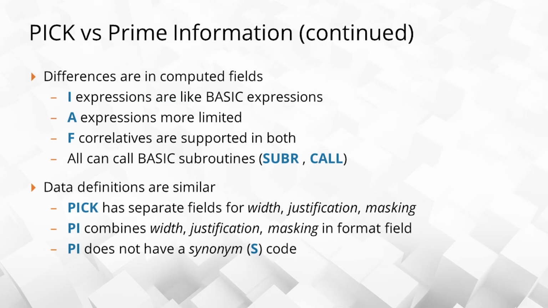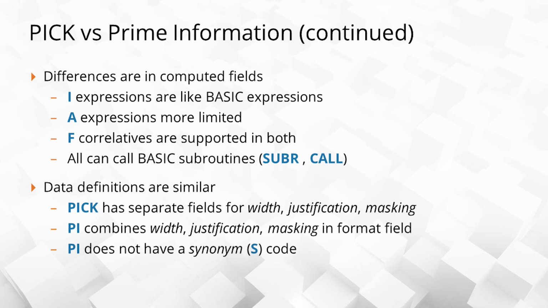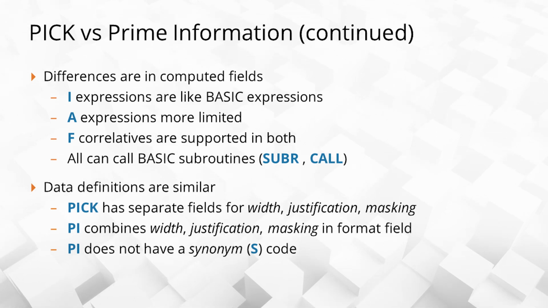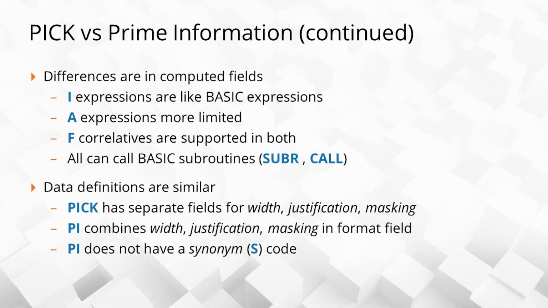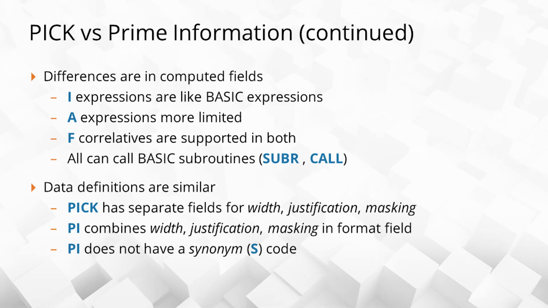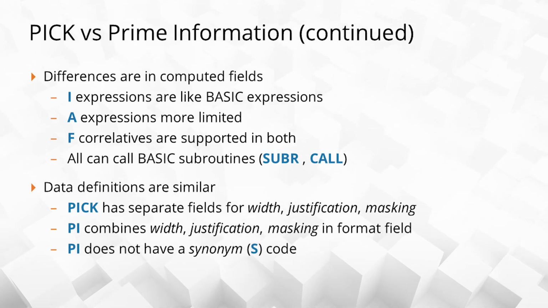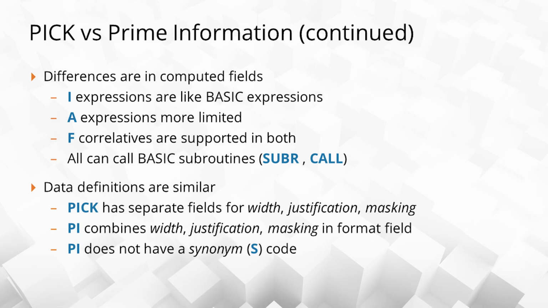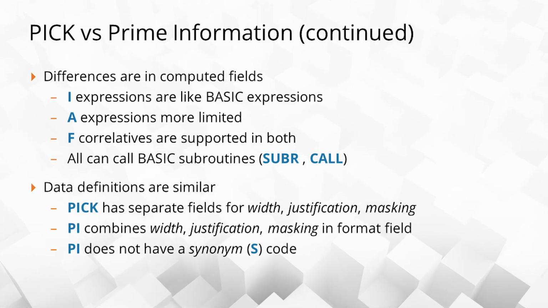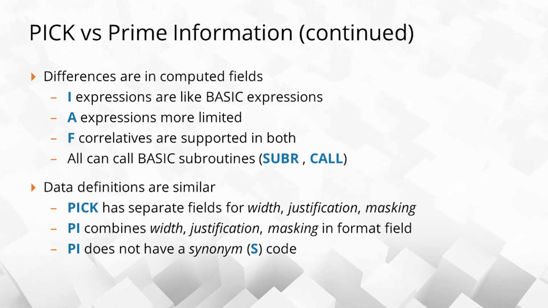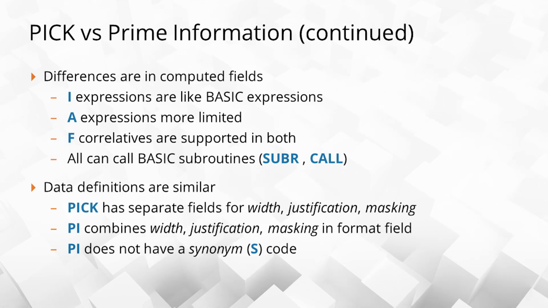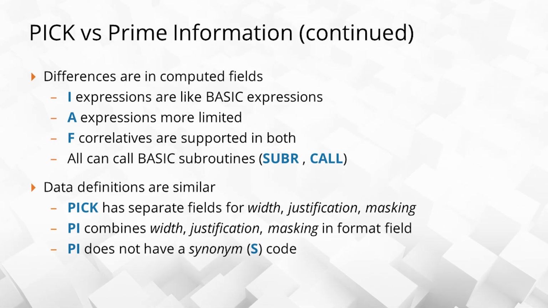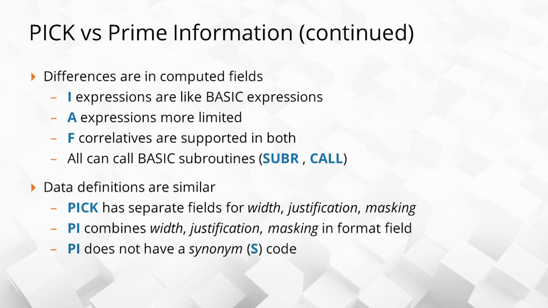One of the big differences between the PICK version of dictionaries and the prime information version is the computed fields. The prime information version uses either I or V type fields and has an expression in those fields that is similar to BASIC, but not as robust as BASIC.